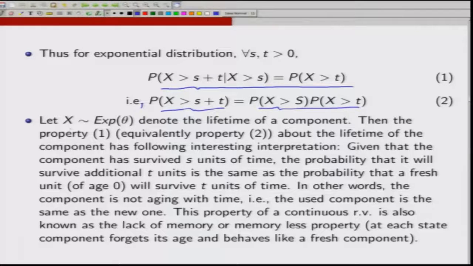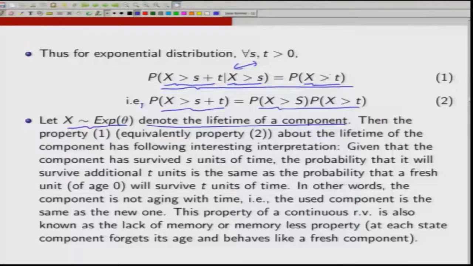So suppose X, which is exponential theta, denotes the lifetime of a component. So there is a component which has a random lifetime X. What does this property say? Given that the component has survived s units of time, the probability that its lifetime is greater than s plus t, so that means it would survive t additional units of time, is the same as the probability that a fresh component survives t units of time.